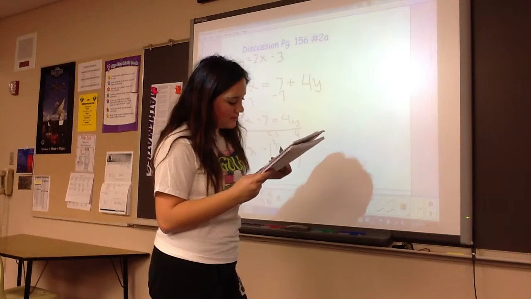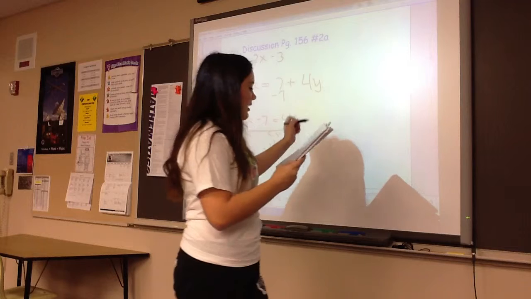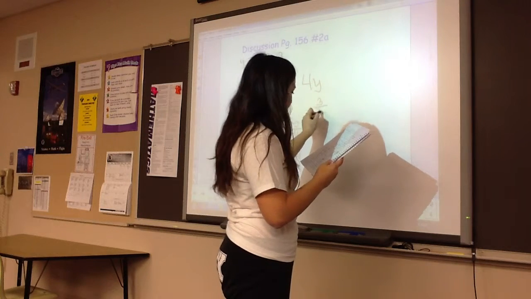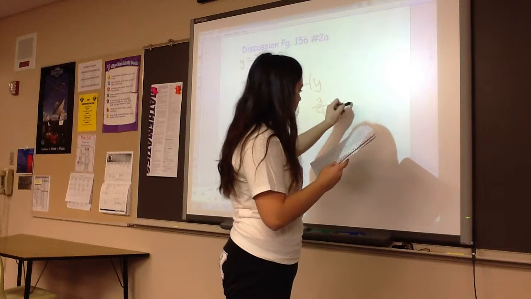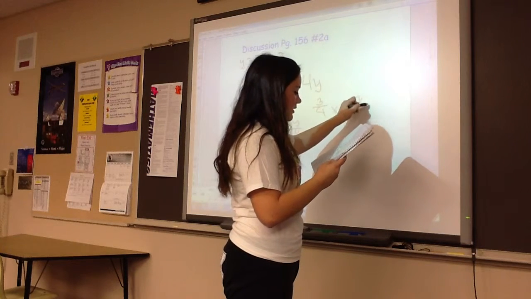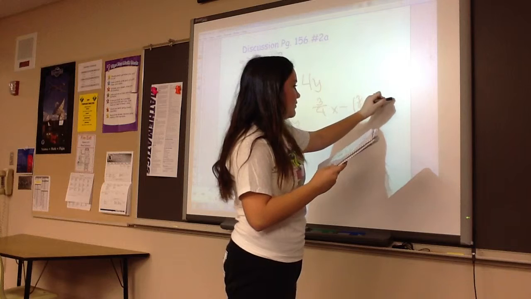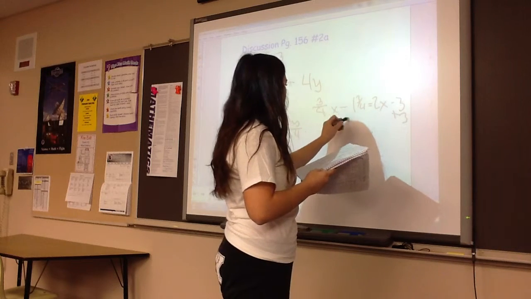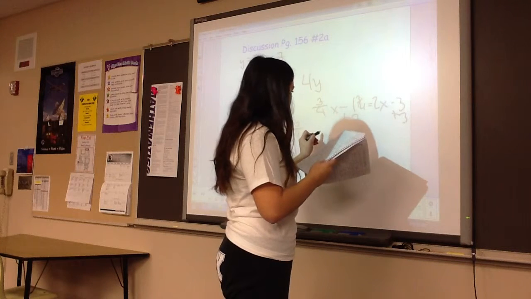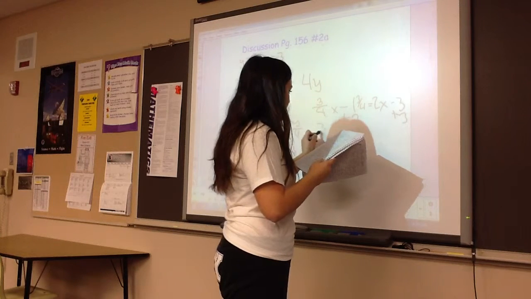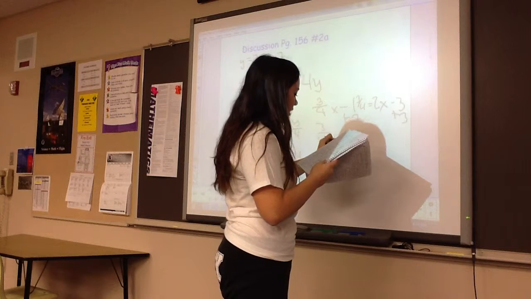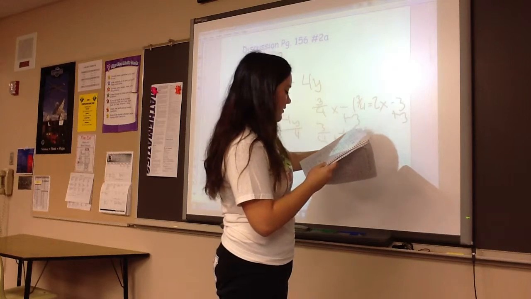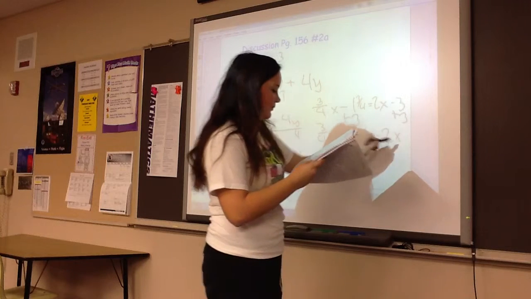And then the other one was 3/4 x minus 1 3/4 equals 2x minus 3. So I did plus 3 on each side, which would equal 3/4 x plus 1 and 1/4 equals 2x.